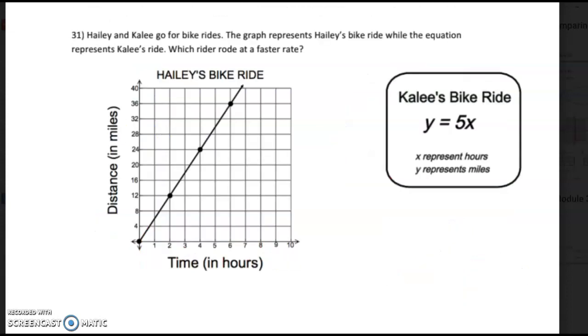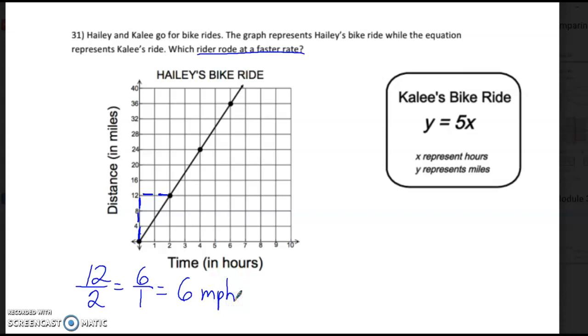Okay, number 31, we're comparing Hallie and Callie, and we want to know who rode at a faster rate. So we need to first find their unit rate. For Hallie's, we have rise over run. Rise 4, 8, 12 over our run 1, 2, which simplifies to 6 over 1, or 6 miles per hour.